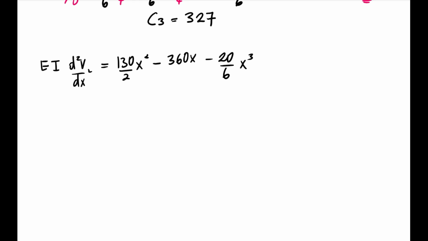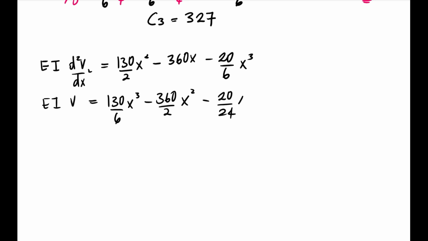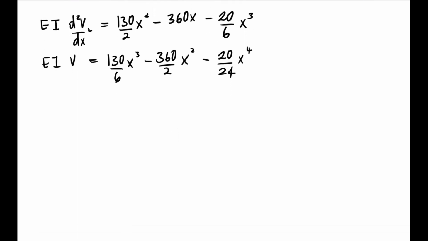C1 is 0. So v equals 130 divided by 6 x³ minus 360 divided by 2 x² minus 20 divided by 24 x⁴, plus C1 is 0, plus C2 is 0. Then for member BE.